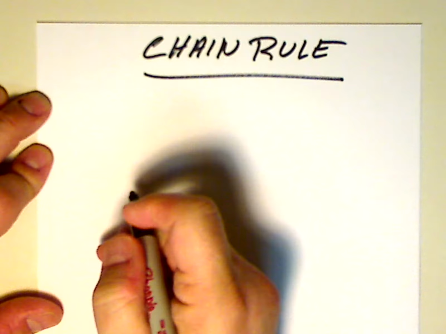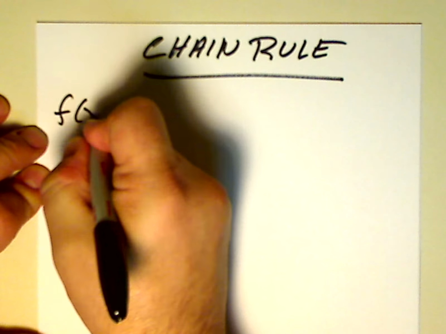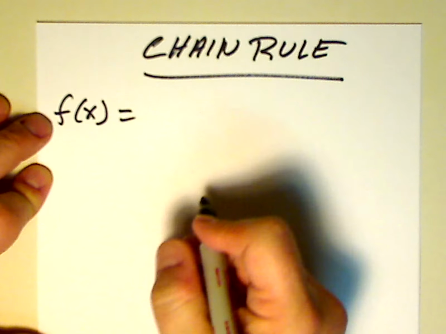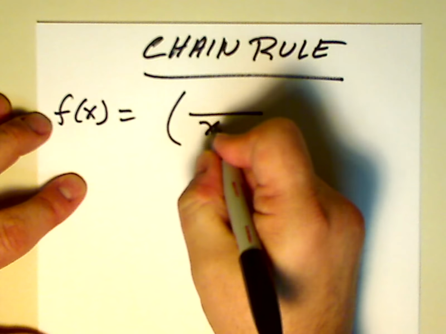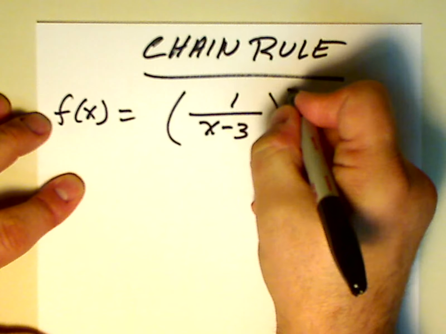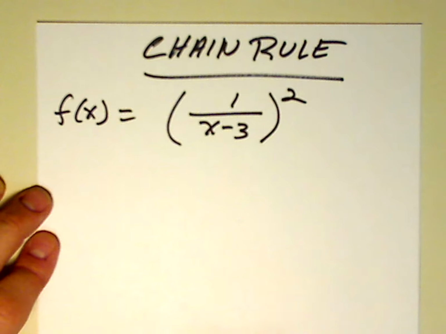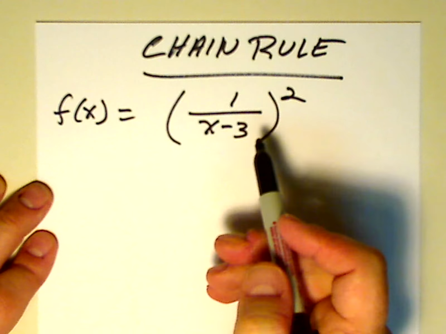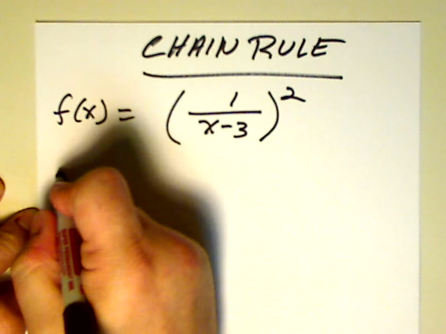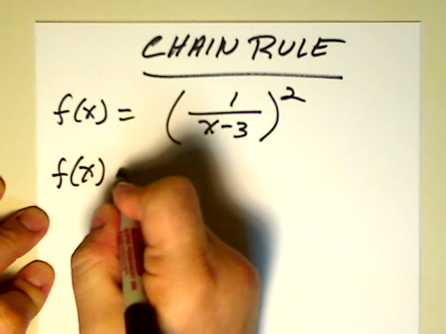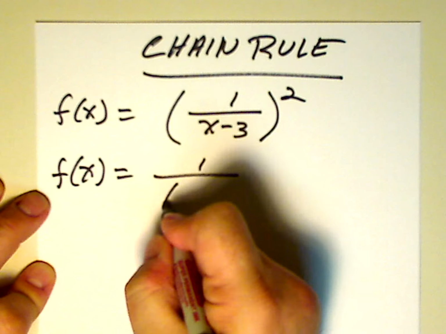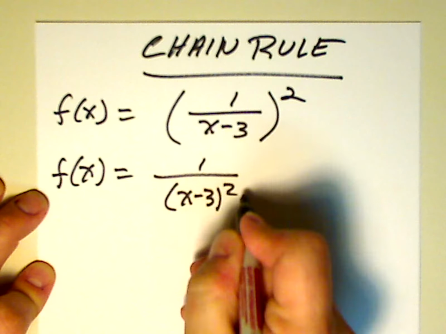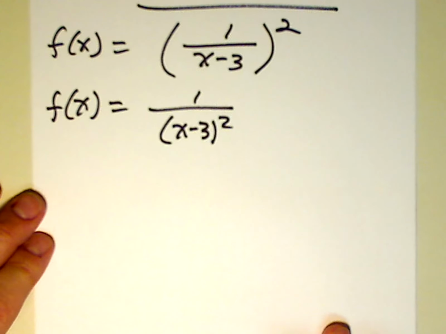Okay, so how about this? f of x is equal to 1 over (x minus 3) squared. So let's rewrite this. Let's actually square this thing. So f of x is equal to, well, 1 squared is 1, and (x minus 3) squared is x minus 3 squared. So let's do that.